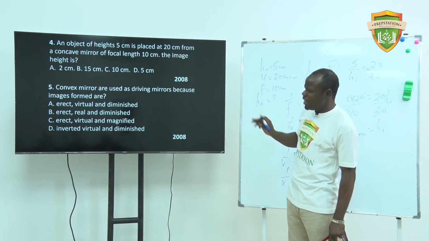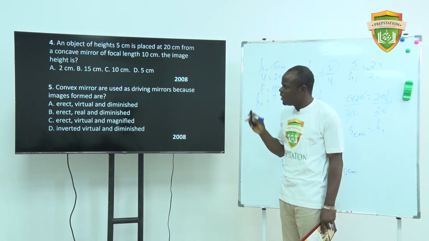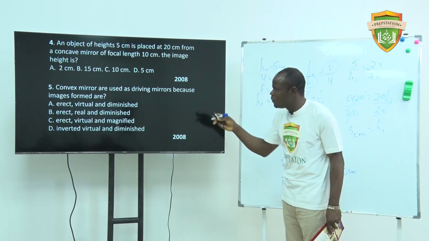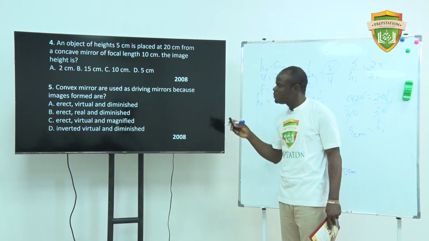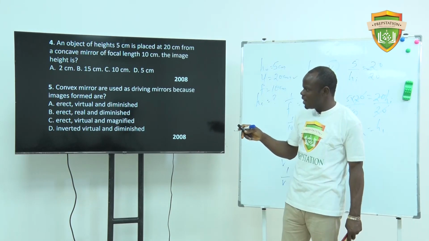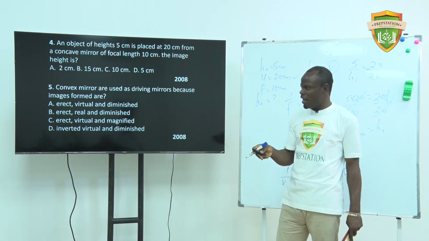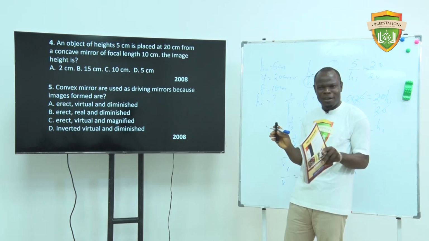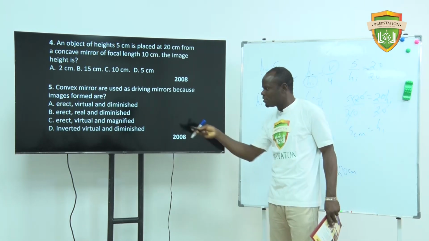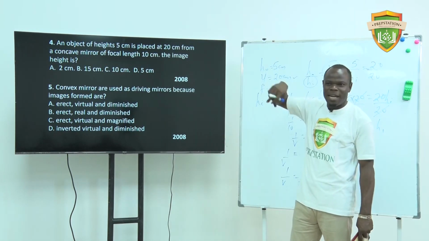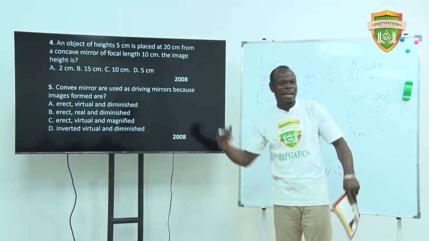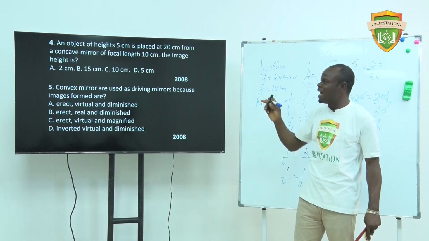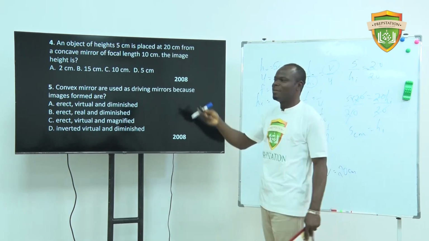Let's give that a visit. Option B: erect, that's true. Real, that is not. Because of real, we are taking out B. Let's look at C. Erect, that's true. Virtual, that's correct. Magnified, could that be true? No, the images are always very small. So we take C out. Let's go to option D. Inverted, that's definitely not true. You cannot be seeing a car the other way around. So we can take away B, C, and D, and the correct answer we want is A.